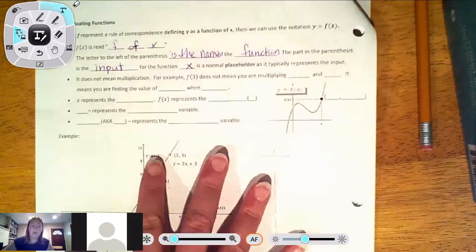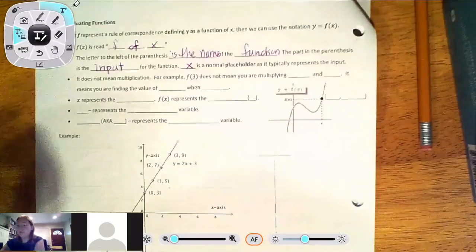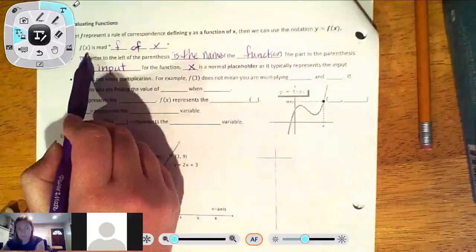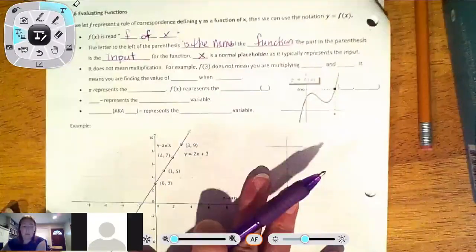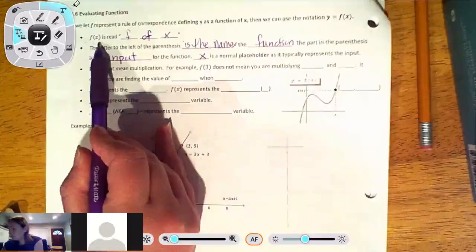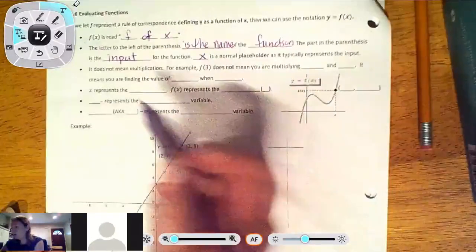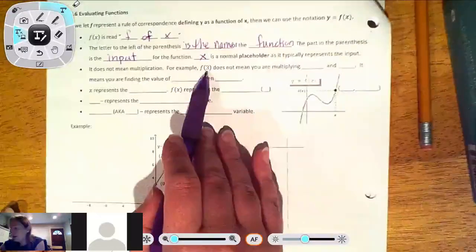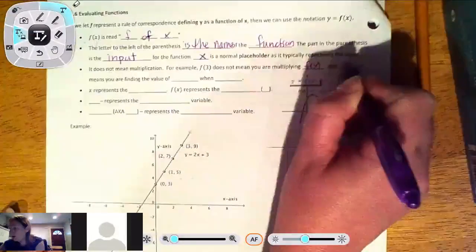So for f of x, this x is indicating the input for your function. It does not mean you are multiplying. It does not mean multiplication. So for example, f of 3 does not mean you're multiplying f of x and 3.